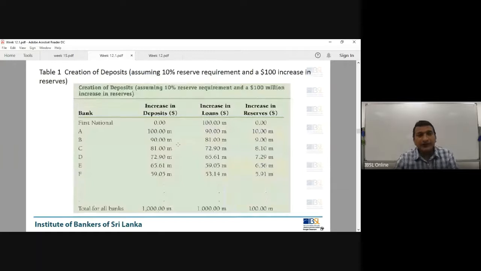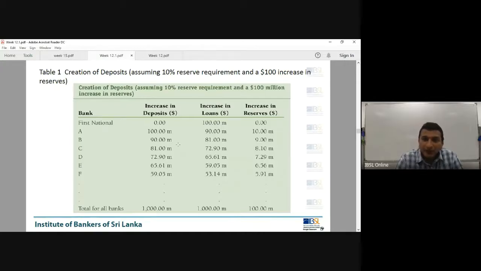So then you see this multiple deposit creation process summarized in a table here. You can see here the increase in loans was basically 100 million, and this 100 million is kept as a deposit.